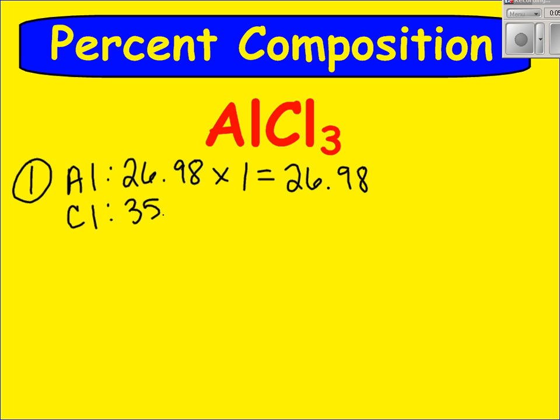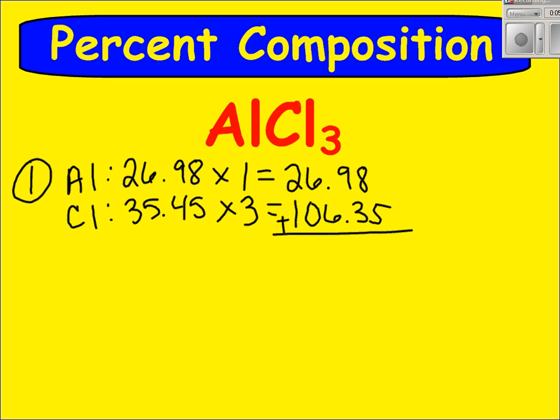Chlorine is 35.45, and there are 3 of them. That gives me a total of 106.35. Adding those together will give me my molar mass for aluminum chloride. In this example, the molar mass is 133.33 grams per mole.